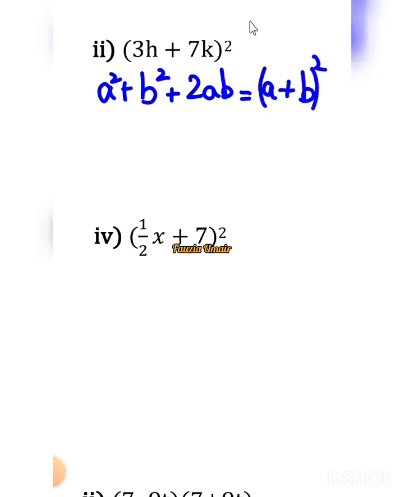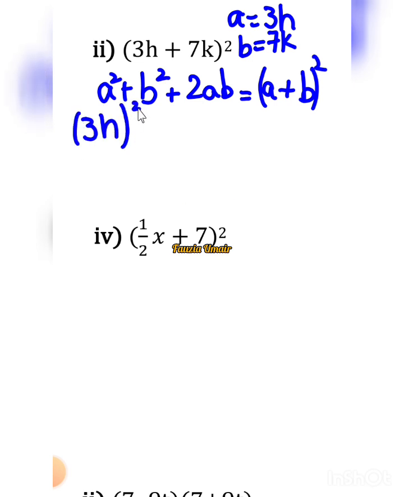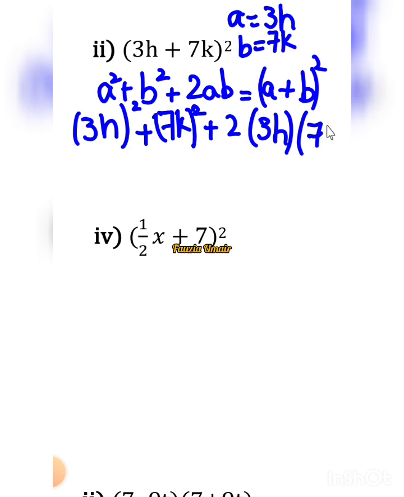So look closely, what is a in the question? Basically a is equal to 3h and b is equal to 7k. So just replace a and b with the corresponding values. So this would be (3h) whole square plus (7k) whole square plus 2 into 3h into 7k.